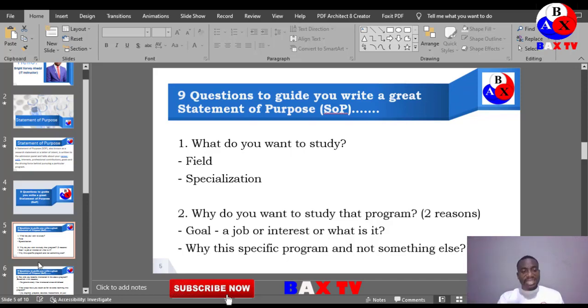So the second question that we're looking at is why do you want to study that program? Of which we are talking about 2 reasons. So the first one is your goal or a job or interest, or what is it? Is it something that is just pushing you? So you need to give the interest.